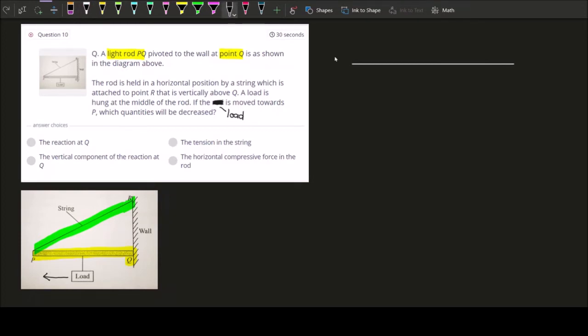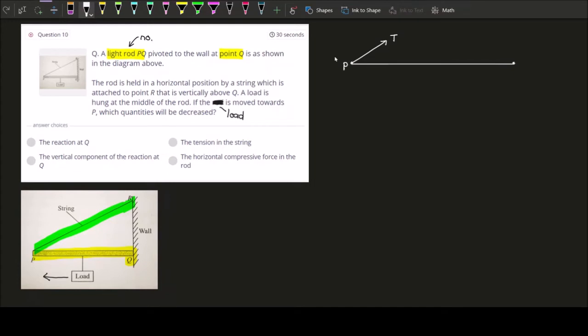Well, the answer is no. You treat light as meaning approximate it as massless, or you can think of the mass as being negligible. So we skip mass. Then the next thing is, are there any strings connected to it? Yes, there's a string connected to it at point P. So you have tension at point P.